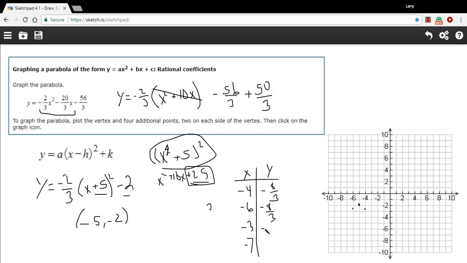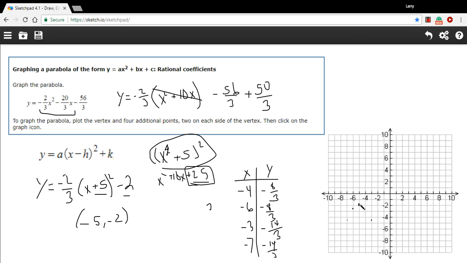So that's going to be negative 14/3. And same for the negative 7. So a negative 3 and a negative 14/3. So that's almost a negative 5. So right about there. And same over here. Okay, so we can see our parabola taking shape now.